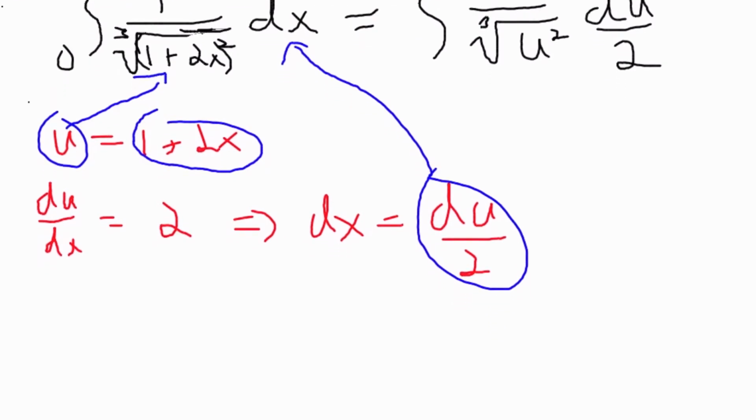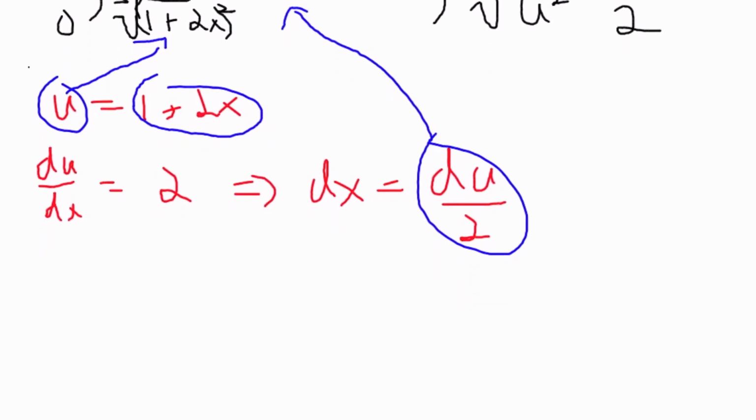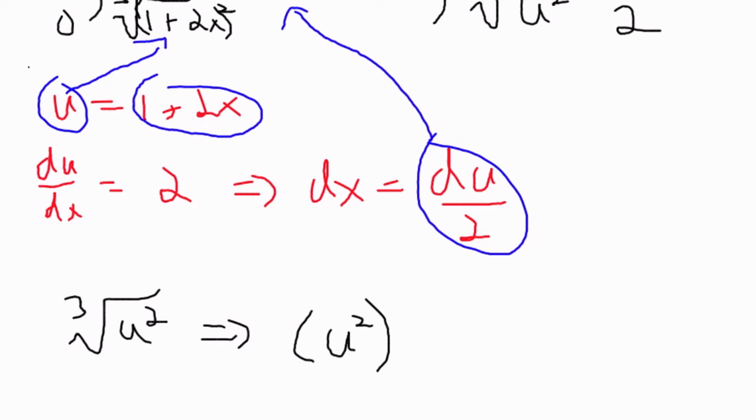But first, let's get to the cube root of u squared, because that looks a little difficult to apply. So we have the cube root of u squared in the denominator of our integral. Now the cube root, what it really means is you're taking the inside term and raising it to the 1/3 power.